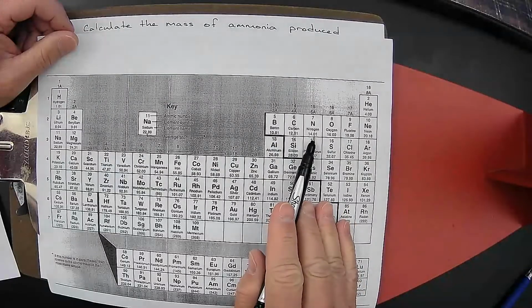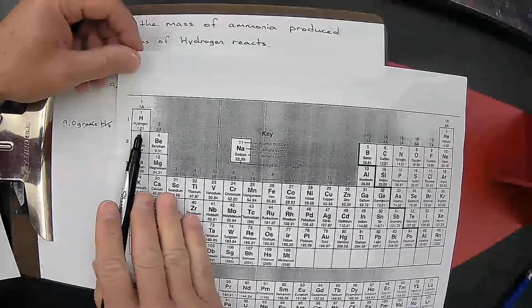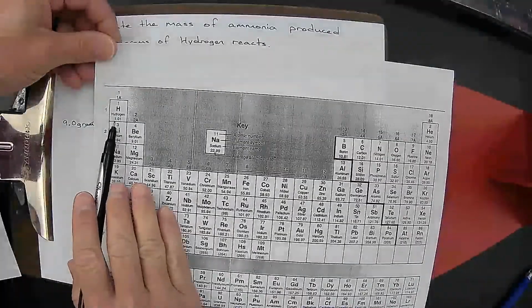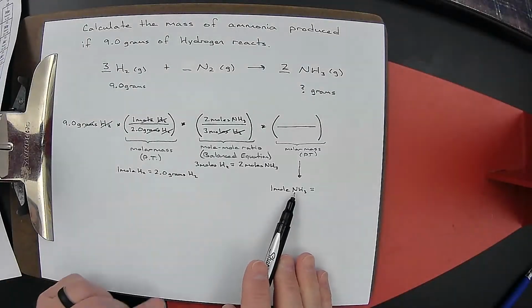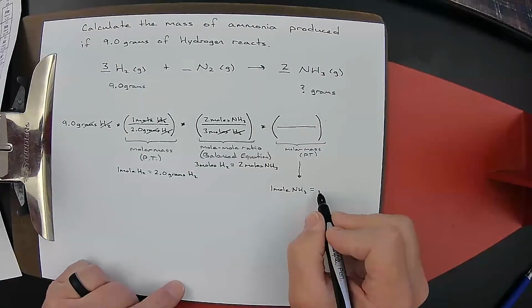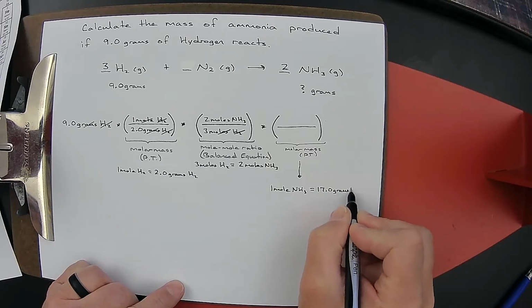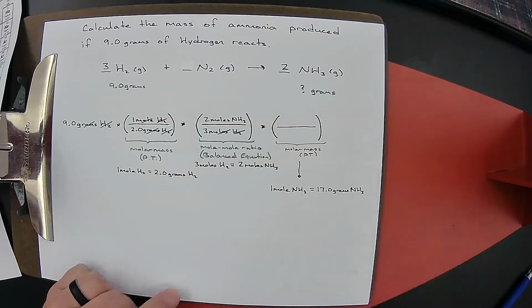Nitrogen is worth 14.0. Each hydrogen is worth 1.0. There's 3 hydrogens, which add up to 3 because they each are worth 1.0. And you add that on to nitrogen, which is 14, and that becomes 17.0 grams of NH3.